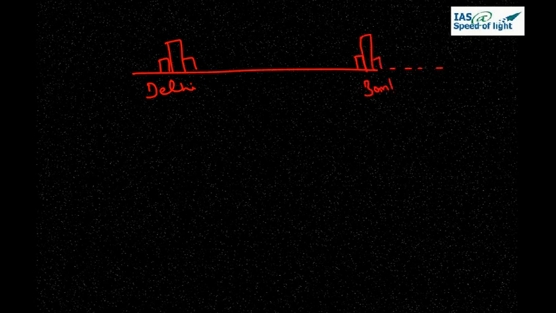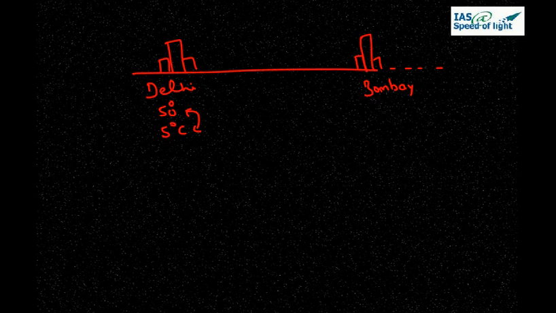So Bombay, which is nearer to the sea, nearer to a big water body, would experience less extreme temperatures than Delhi. In Delhi, the temperature will reach 50 degrees in summers, and in winters it will be hardly 5 degrees centigrade. So there is a huge extreme difference between the temperatures in the summers and the winters.